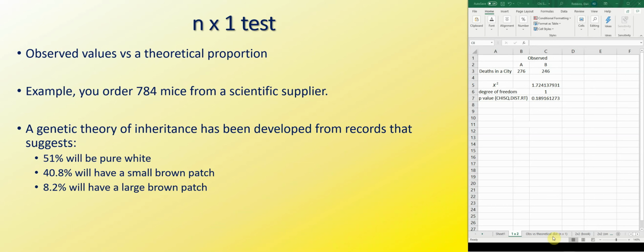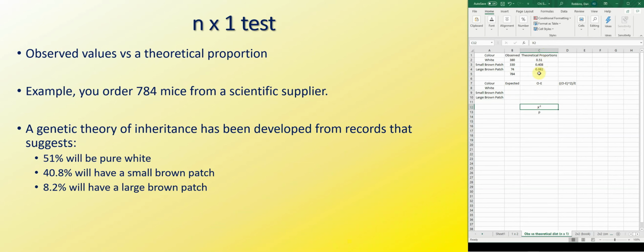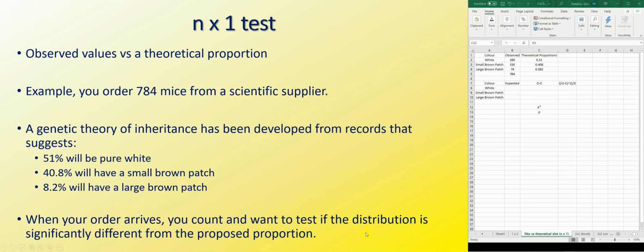Now, I've pulled these data into Excel, and I've put in the observed amount that we've got. So the order has been placed, and you've counted the mice and whether they are white, small brown patch, large brown patch, and the total does come to 784, and we have these observations.